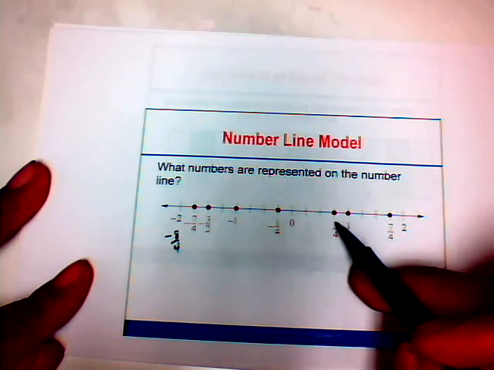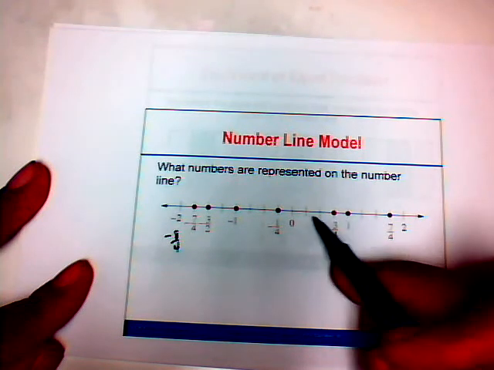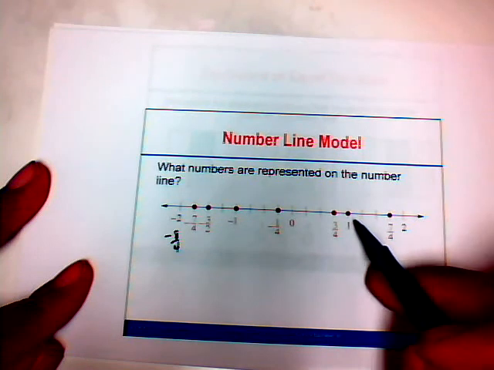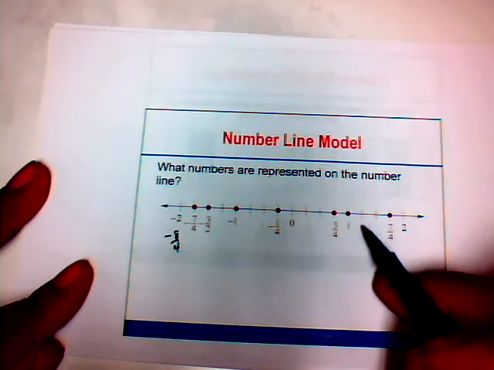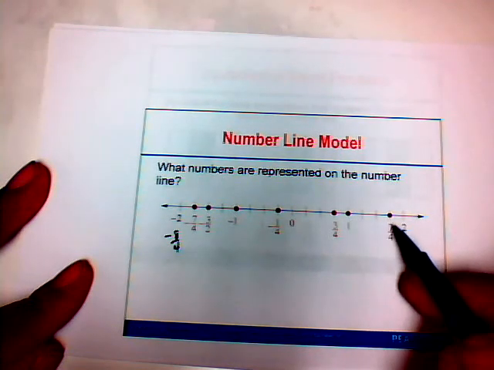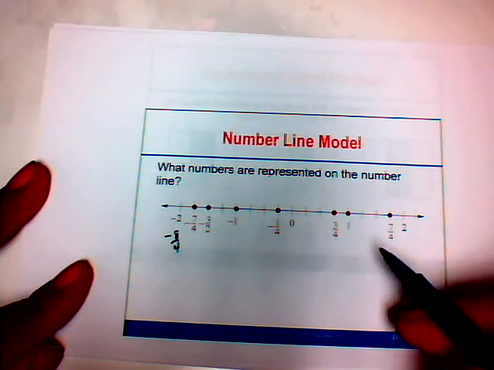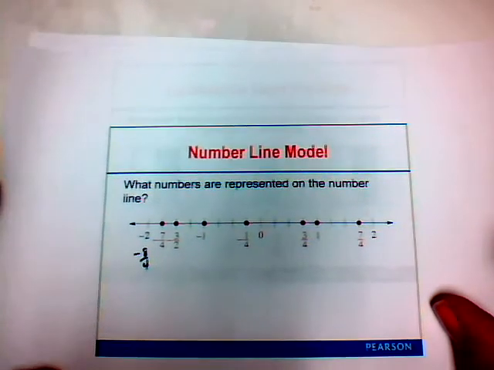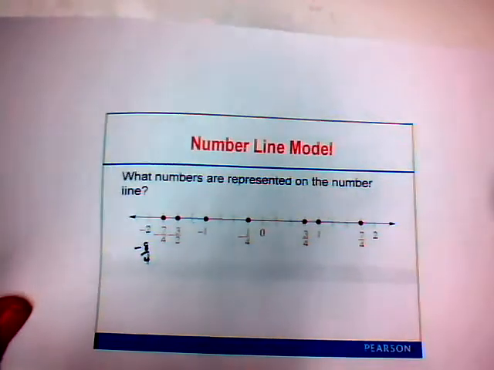And then you have 1/4, 2/4, 3/4, and then 1 whole. And for this last one, 5/4, 6/4, 7/4. So those are the numbers represented by those dots on the number line.